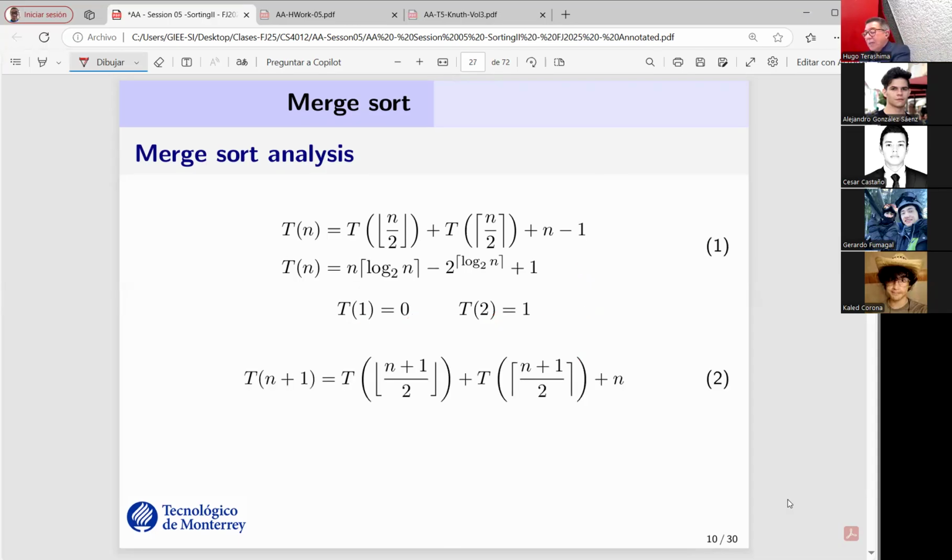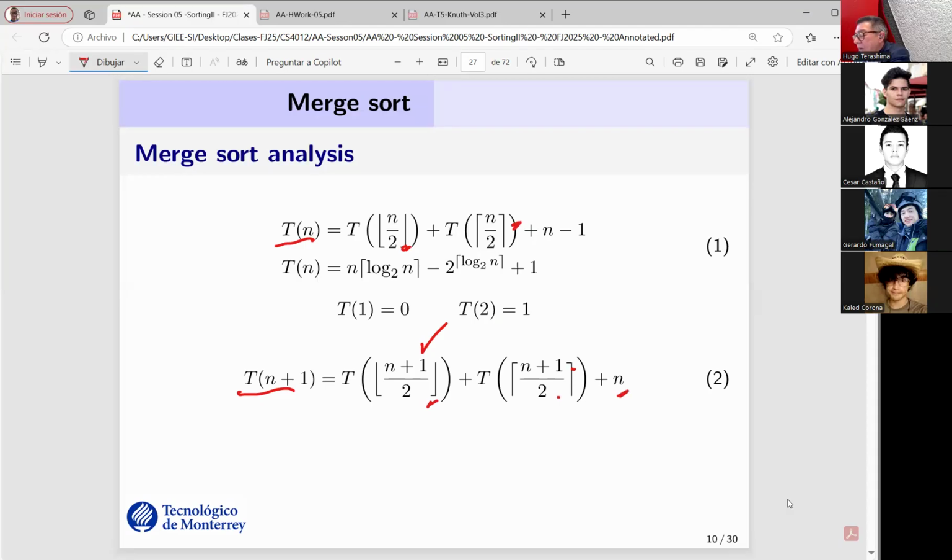Okay, let's go to the next step. If this is the function for T of n, what if I use n plus 1? So it's going to be n plus 1 over 2 floor, n plus 1 over 2 ceiling.